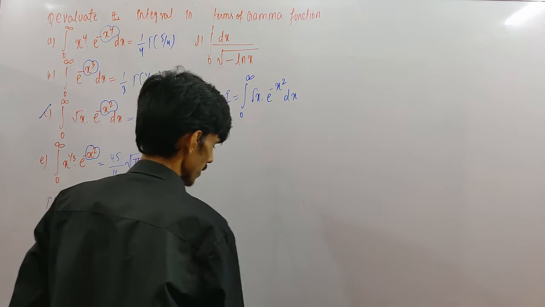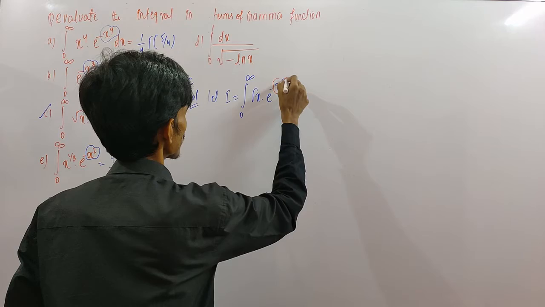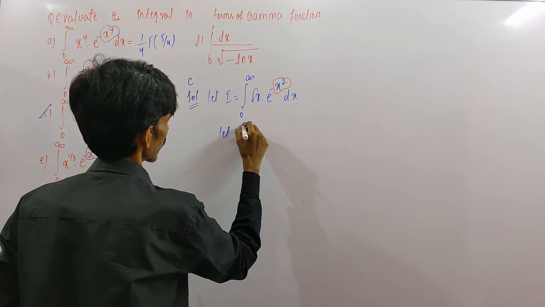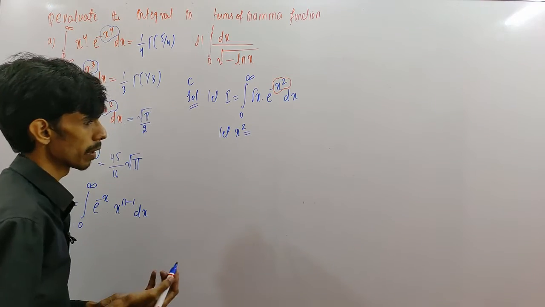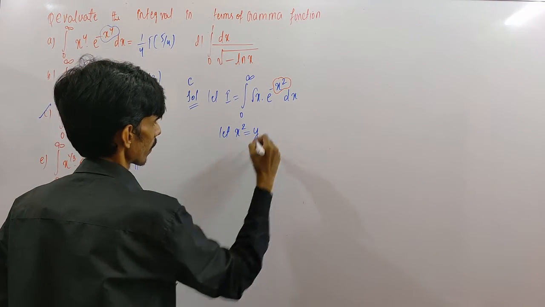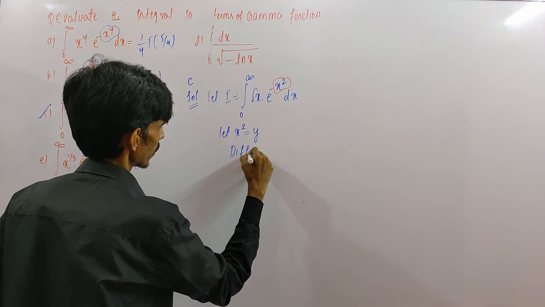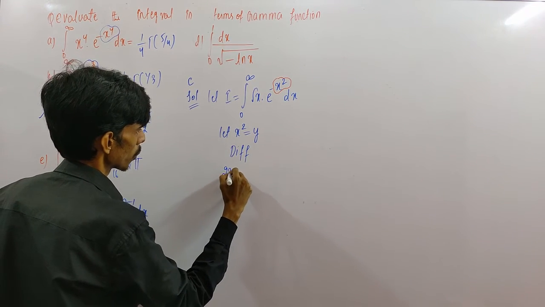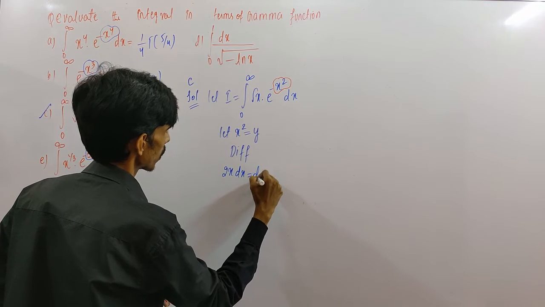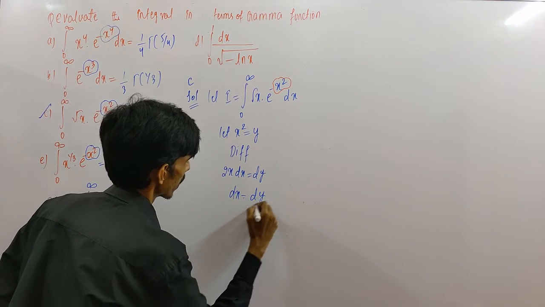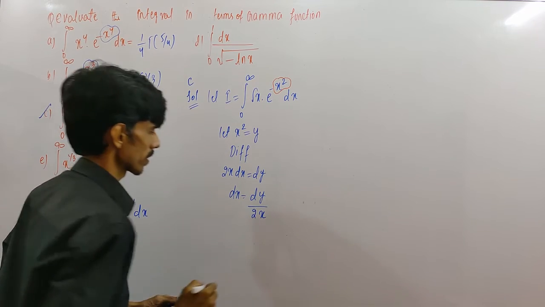Let this x square be our dummy variable y. Now differentiate with respect to y. We have 2x dx equals dy, so dx is equal to dy divided by 2x.